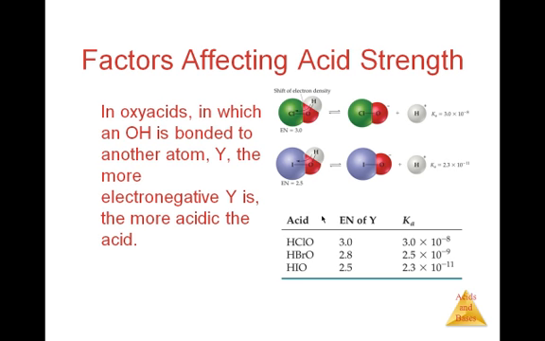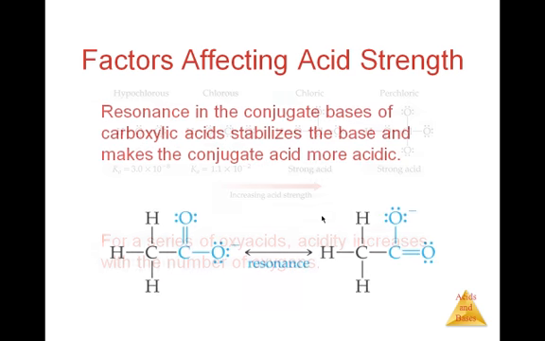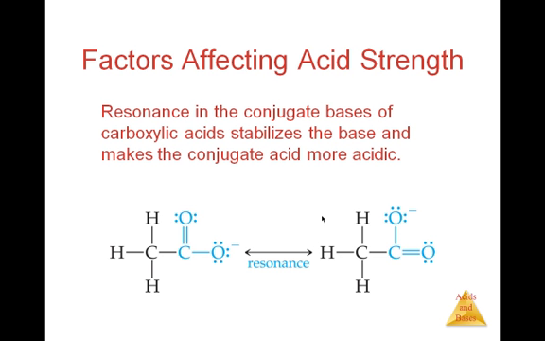So electronegativity does play a difference here. For a series of oxyacids, acidity increases with the number of oxygens. Take a look at these ones. Resonance in the conjugate bases of carboxylic acids stabilizes the base and makes the conjugate acid more acidic.